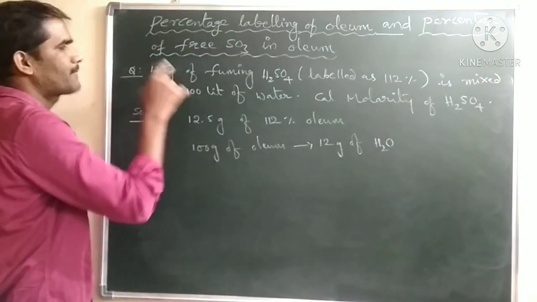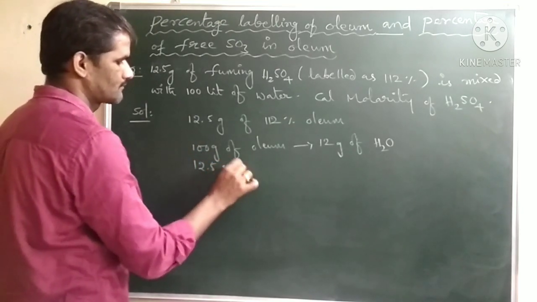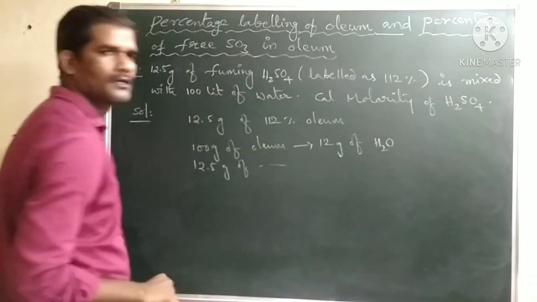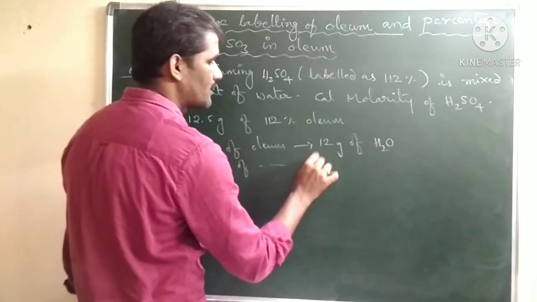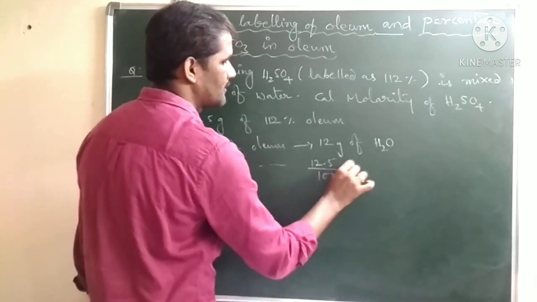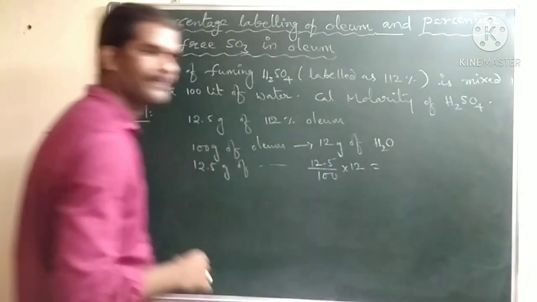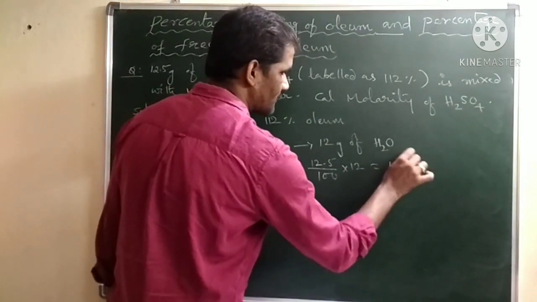Then for 12.5 grams of oleum, how much amount of water is required? That is 12.5 by 100 into 12. So that will give 1.5 grams.